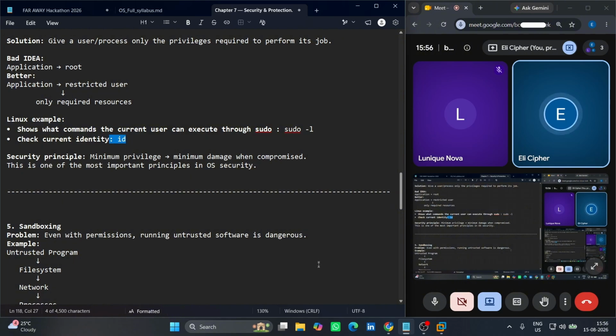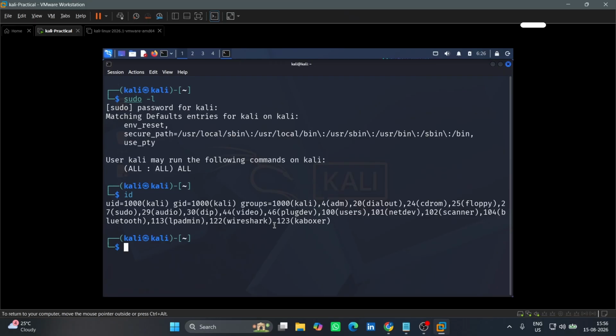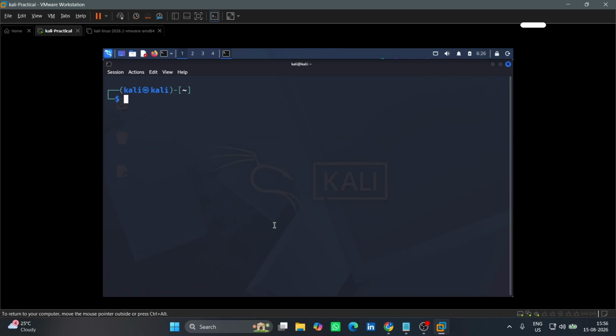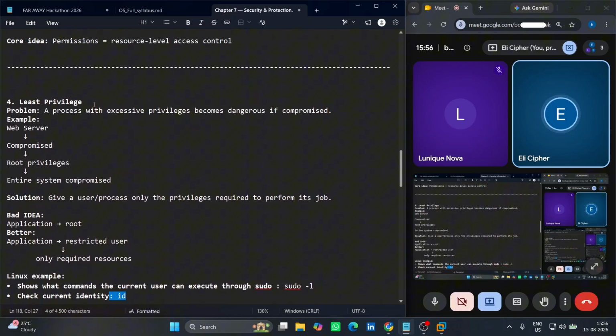Then check the identity, the current identity, which I think we have already done. Yes, right? So least privilege is a concept which tells that we should only provide the particular privilege to a particular resource which is needed by that particular user or process, right? It is very important from the front end perspective as well.